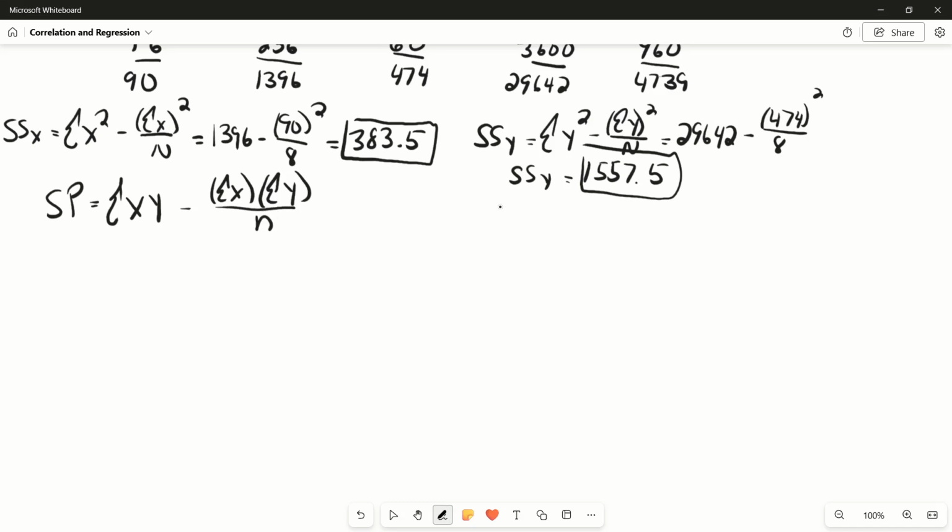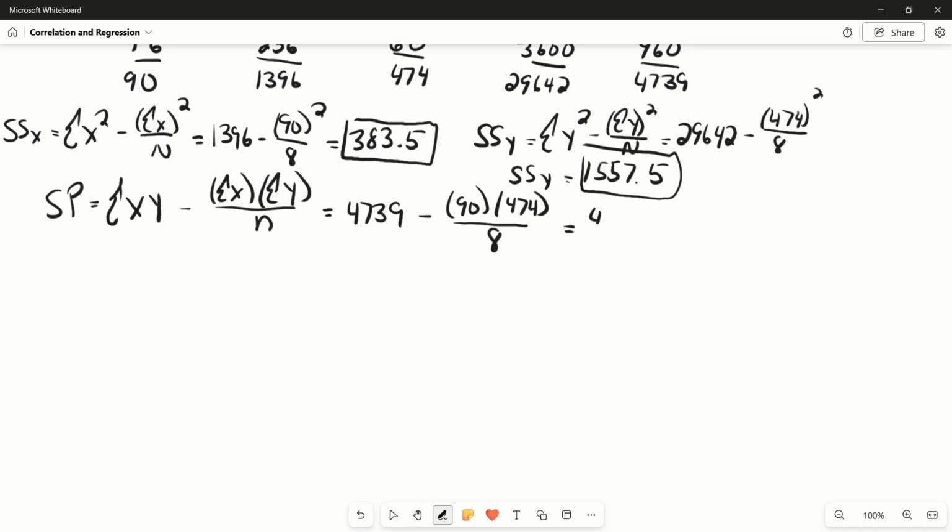That is your SP value. Sum of xy is this one at the bottom here, 4739. The sum of x we have as 90. The sum of y we have as 474. And the number of pairs is 8 again.